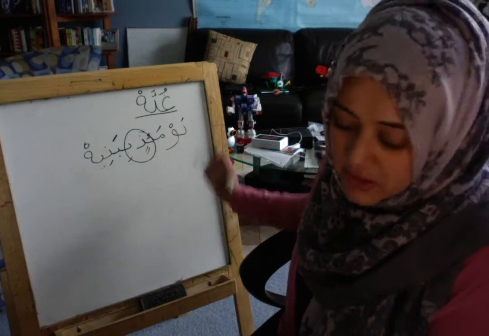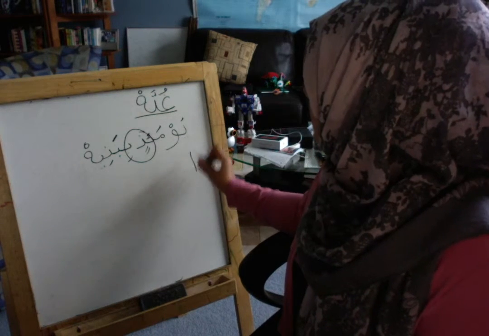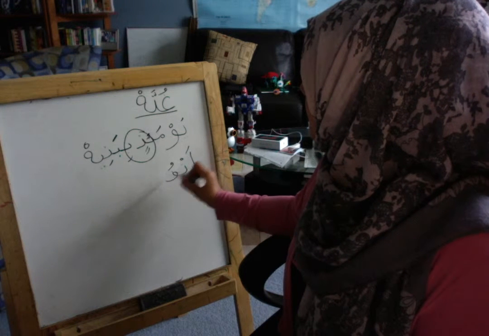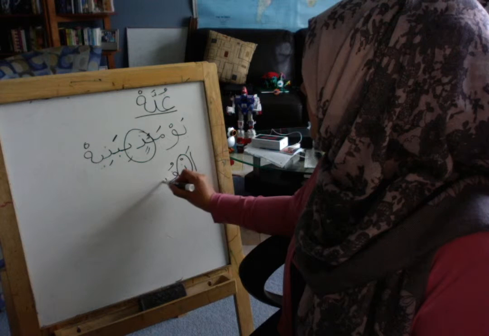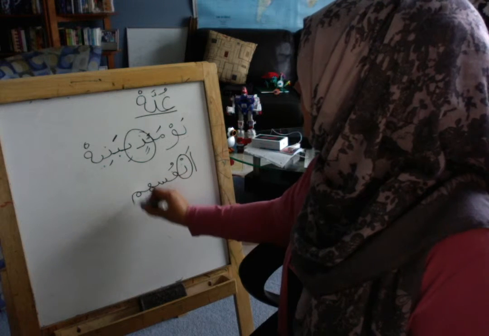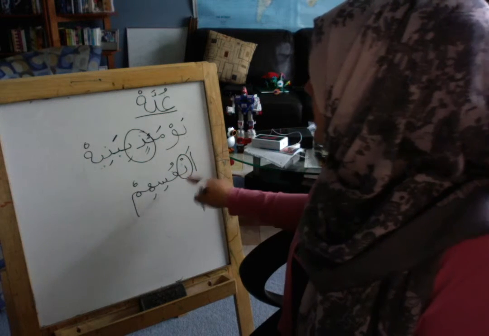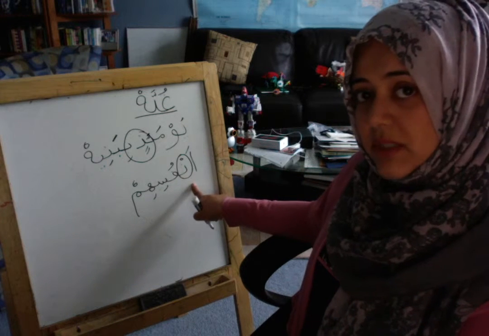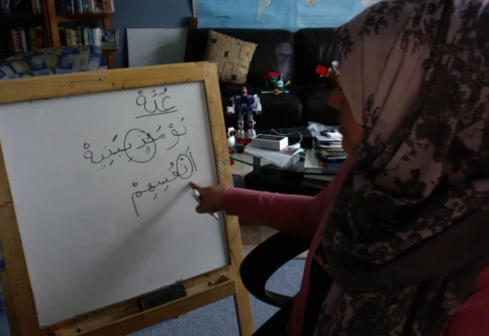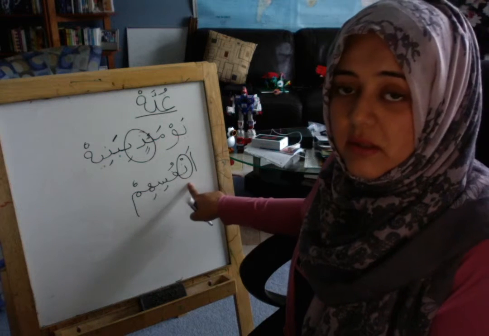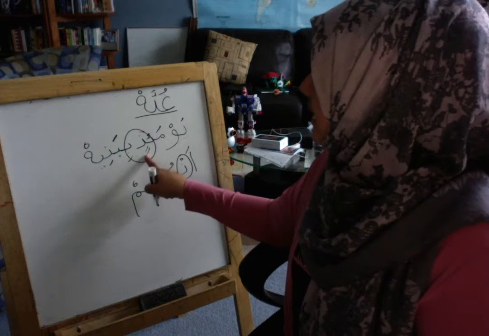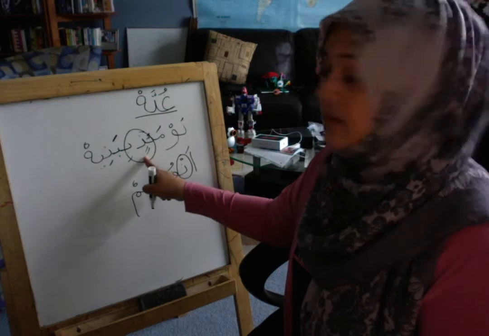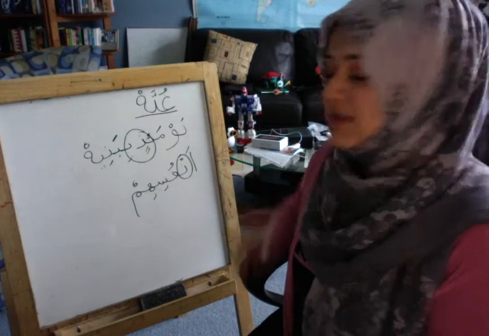Another example of this would be in the word أنفسهم. The fa has tarqeeq, therefore the noon sound, the ghunna right there in the noon, will have tarqeeq. Now, why does the dhal here, because it has the kasratan, have a ghunna sound?